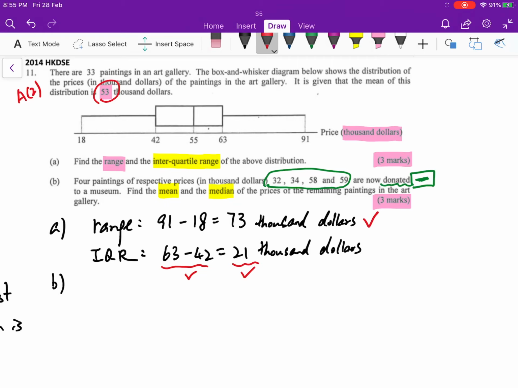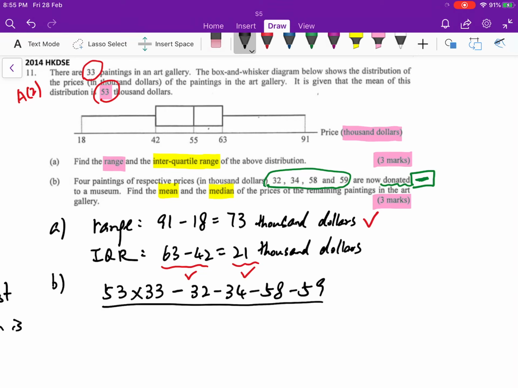So now in the question, at the very beginning, they told you that we have the mean is $53,000 and there are total 33 paintings. So the total value will be 53 times 33, okay? But now we already donated it. So that means this 4, we don't need it. So we need to minus it.